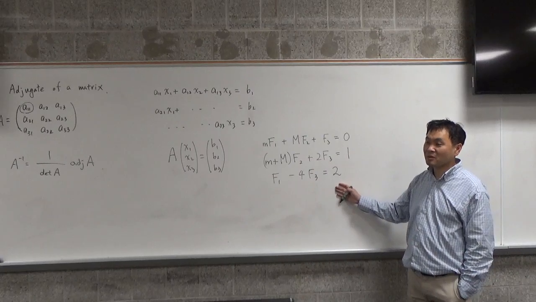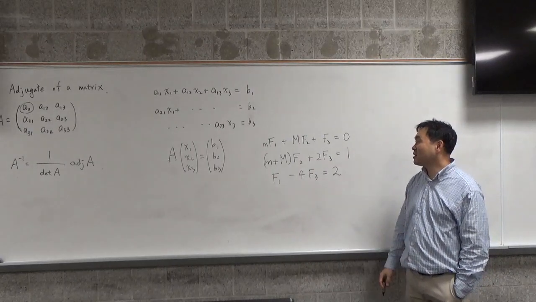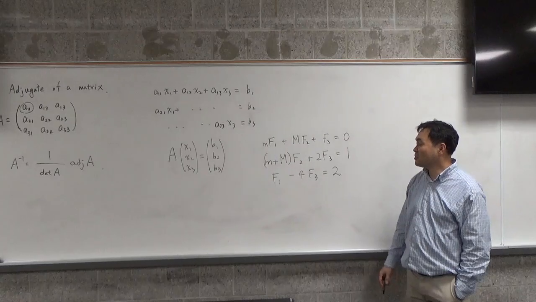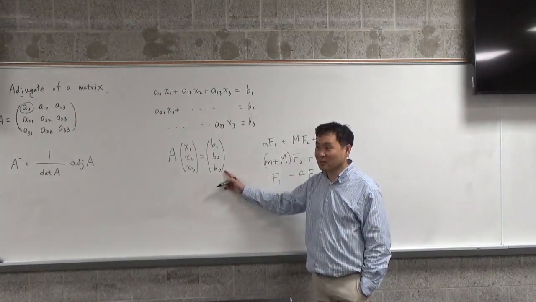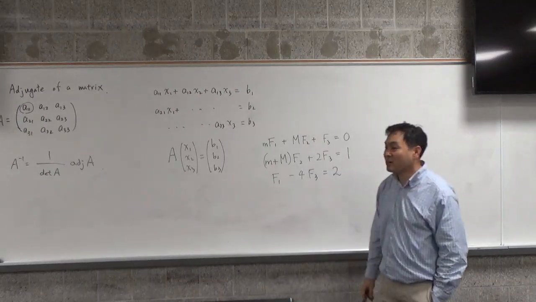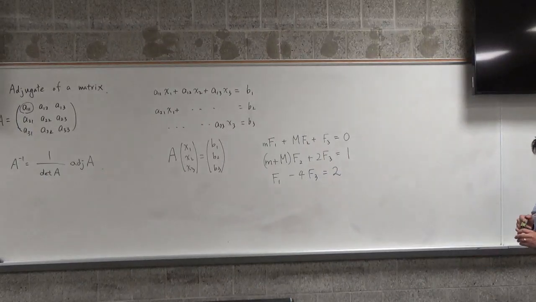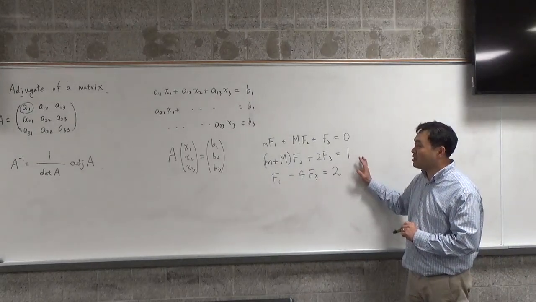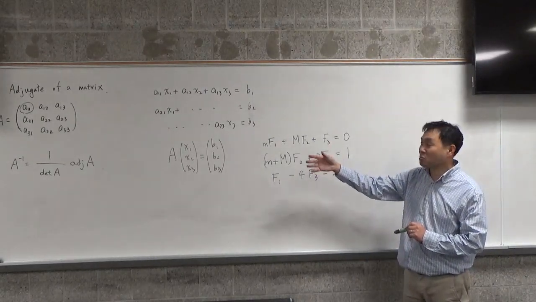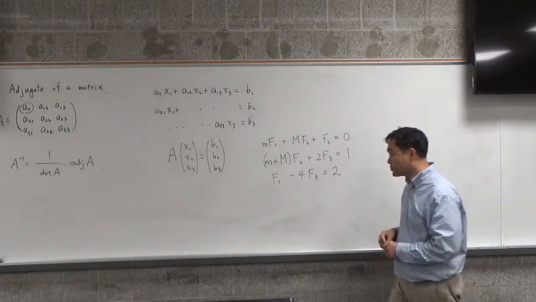Okay? But then, trying to solve this with this is also a nightmare as well. Okay? And that's why some smart mathematician named Cramer looked at this situation and came up with a simpler expression for the solution. Right?